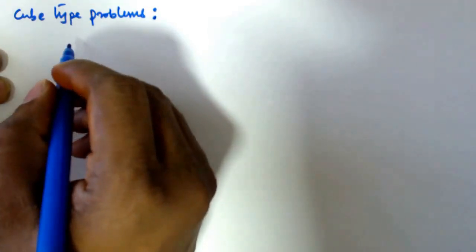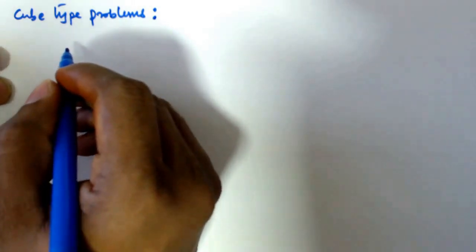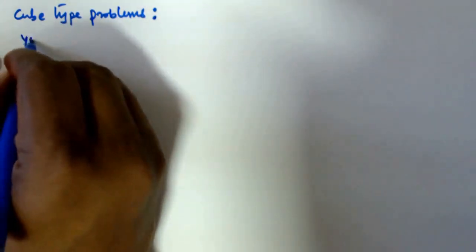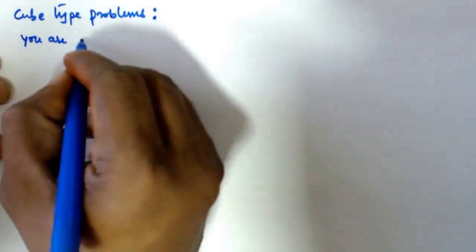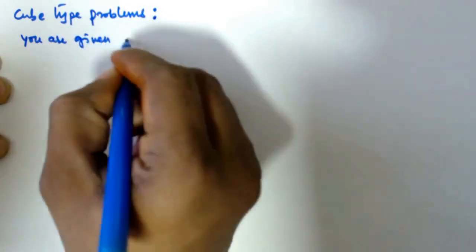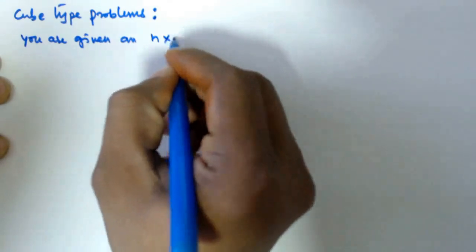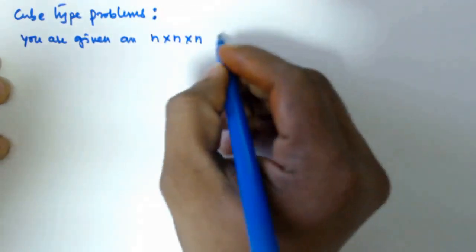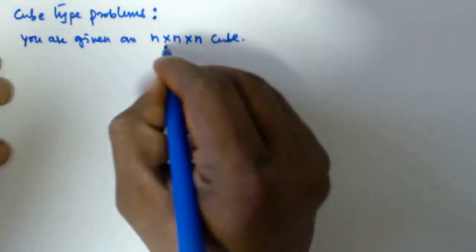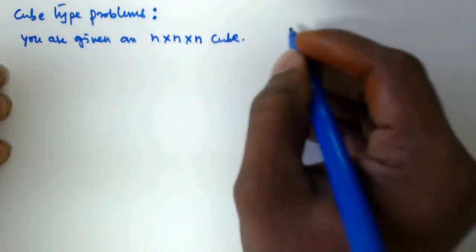Hello friends, in this video we will see another problem based on the cube. So the problem is, you are given an n by n by n cube. That means the length, breadth and height of the cube is n, n, n.